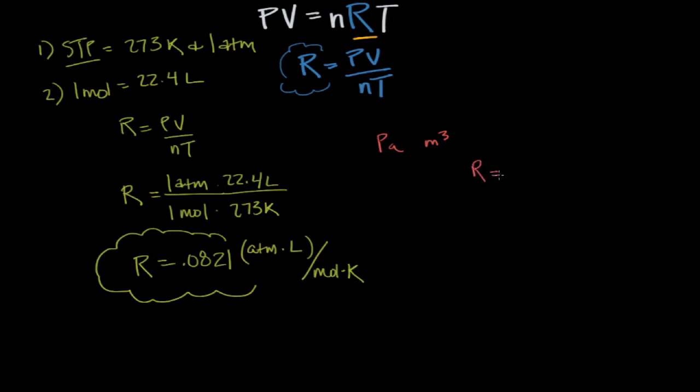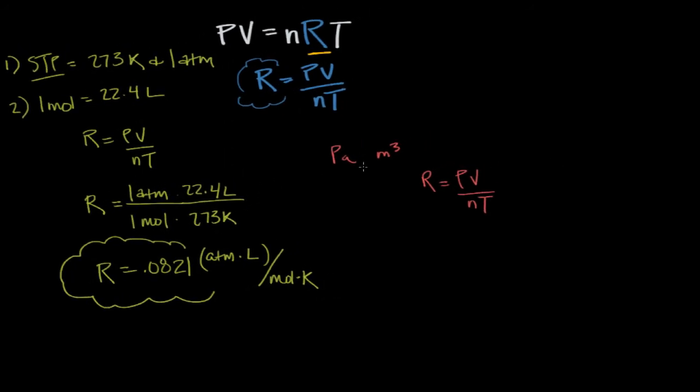We're still going to start with R equals PV over nT. And we're still going to use standard temperature and pressure, but for our standard pressure, instead of using atmospheres, we're going to use pascals. 1 atmosphere is equal to 101,325 pascals, so that's going to be our pressure.